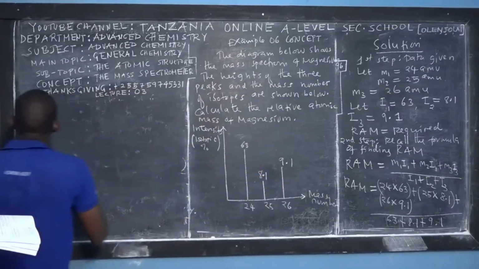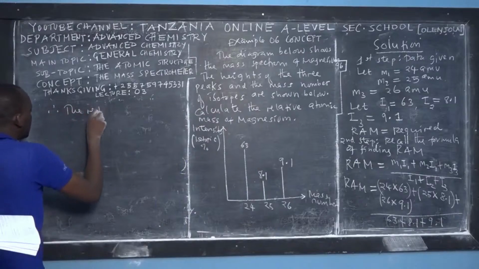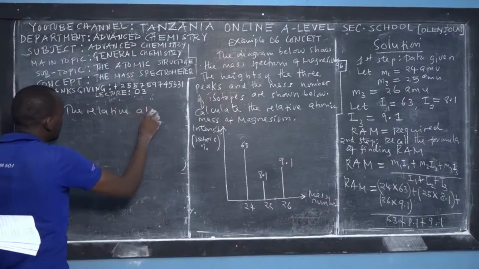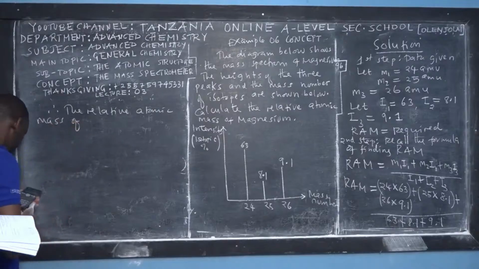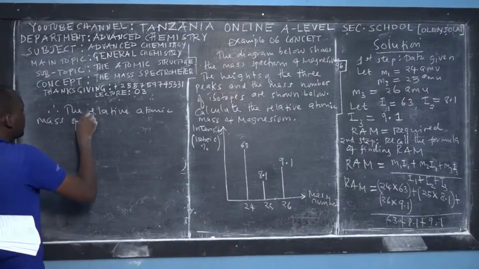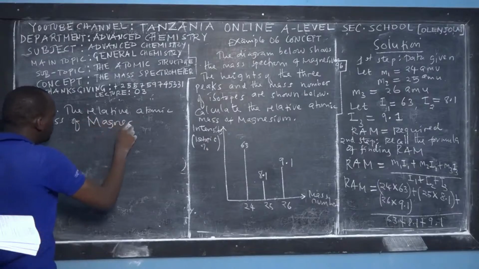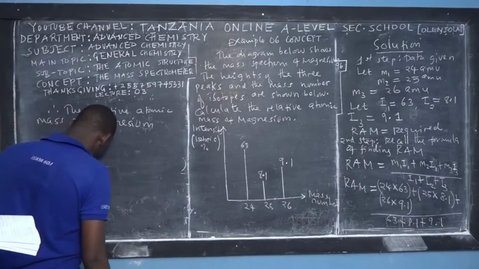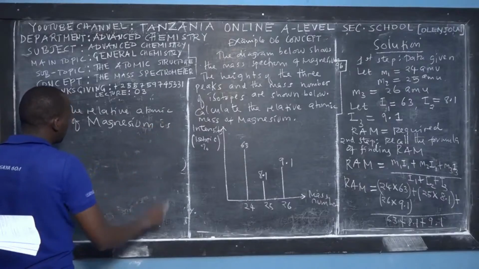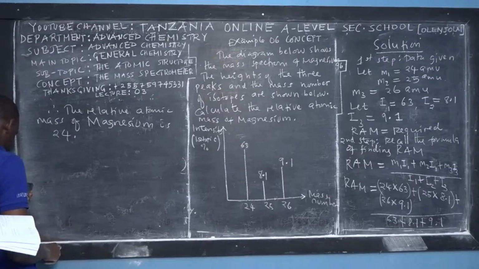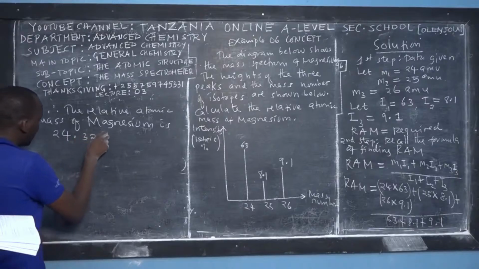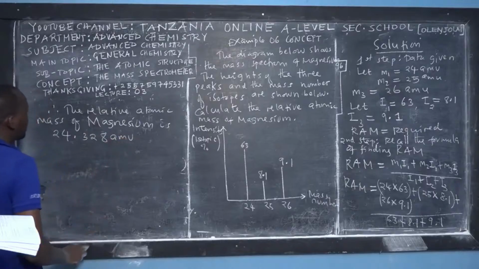So the relative atomic mass of magnesium is 24.28 atomic mass unit.